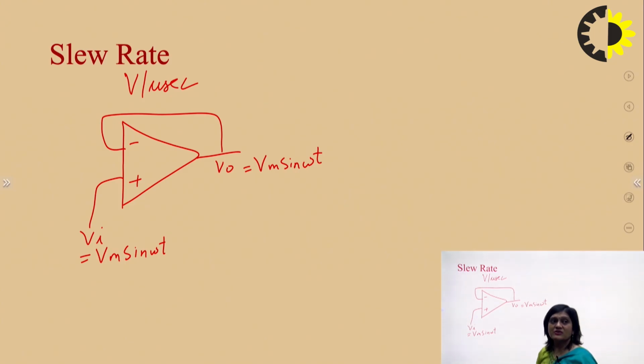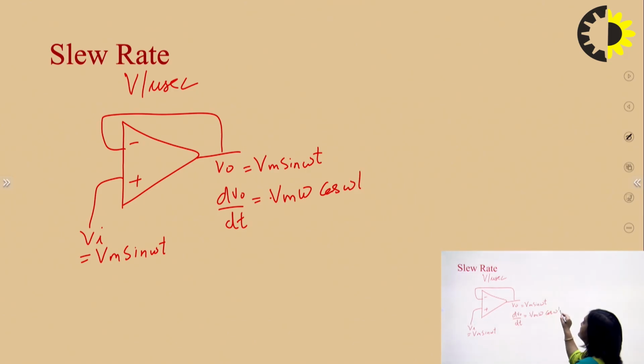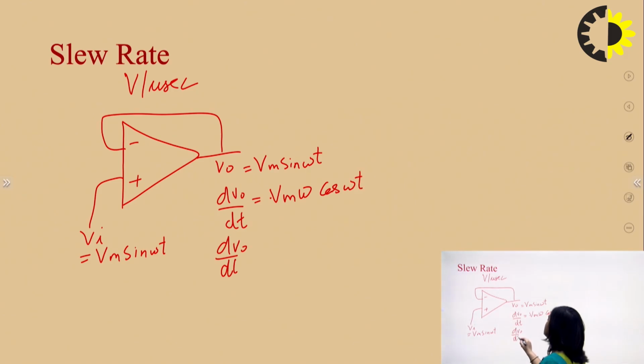Slew rate is the rate of change of output voltage. So we differentiate dV0 upon dt, and this will be Vm omega cos omega t. And dV0 upon dt max, the maximum value of cos omega t is 1, so it will be omega Vm. So this is the slew rate.